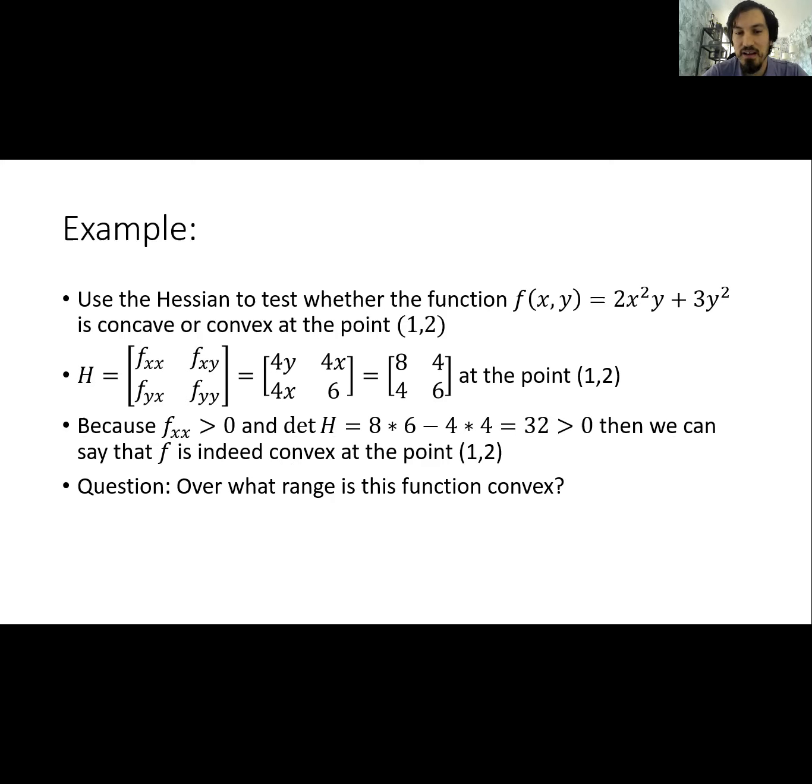Try to figure out how to solve this. Maybe you think it's always convex, that no matter what x and y are, this will be a convex function. I can tell you right now that's not true. There are going to be some values of x and y where this function will not be convex.